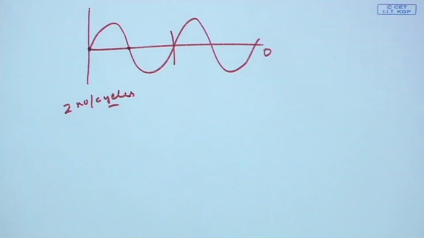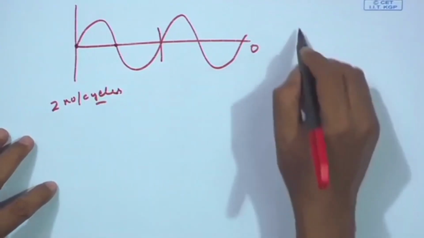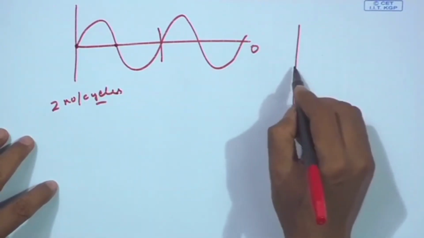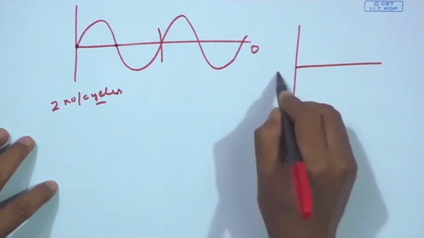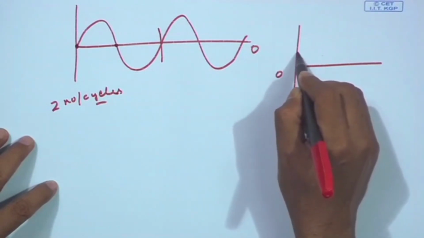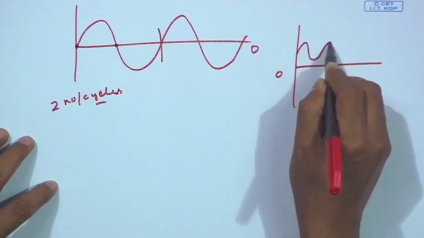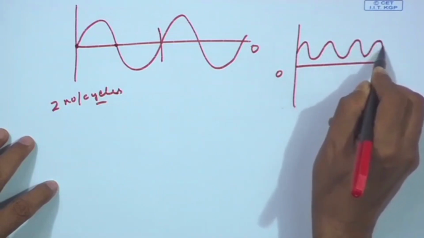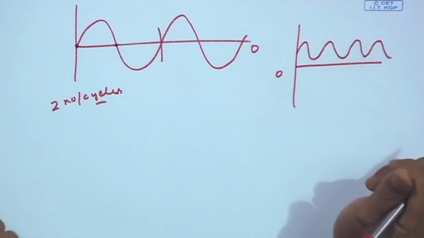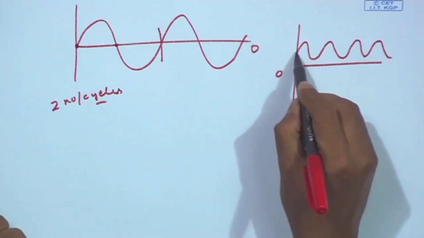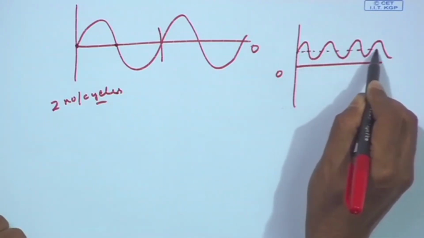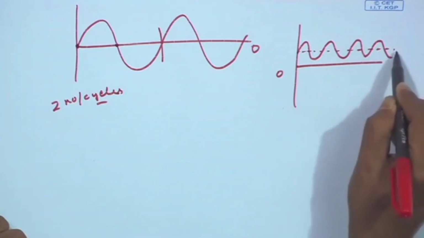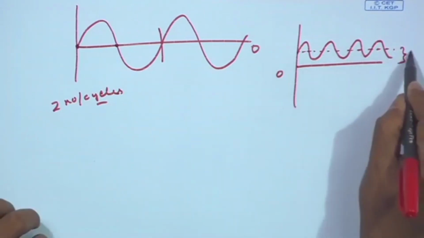Okay. Now, sometimes I have recorded the signal and this is my zero amplitude line, but my sine wave never crosses the zero line. That means the sine wave is DC shifted.